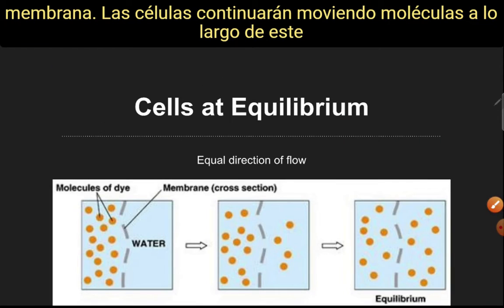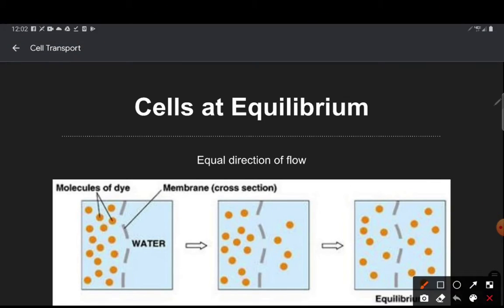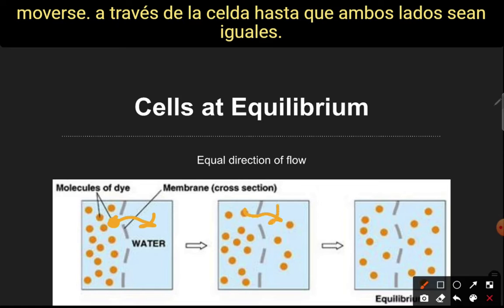Cells will continue to move molecules along this path until they reach equilibrium. And so here we can see molecules of orange dye, and they will move through the cell until both sides are equal.